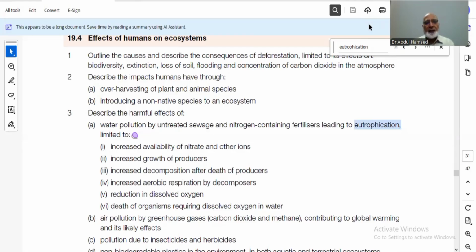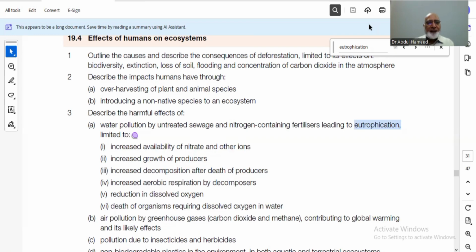Out of many effects on ecosystems, I have chosen the description of the harmful effects of human activities on ecosystems. The detail of this topic is water pollution by untreated sewage and nitrogen-containing fertilizer leading to eutrophication. And this topic will be limited to only the following details.